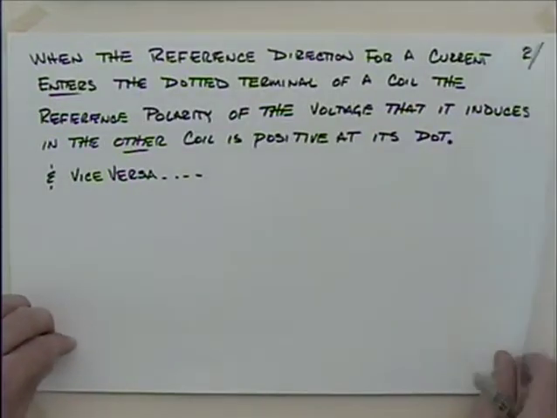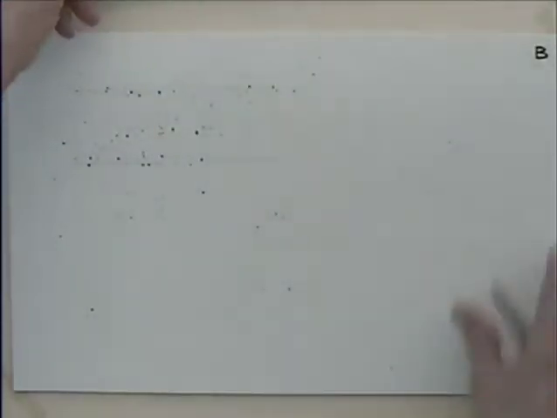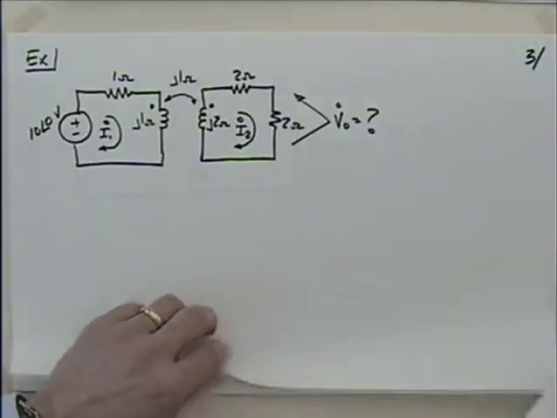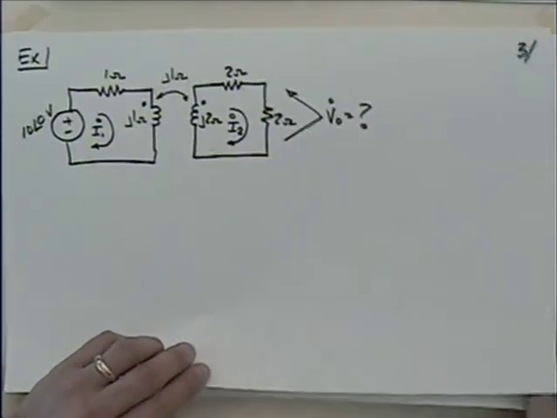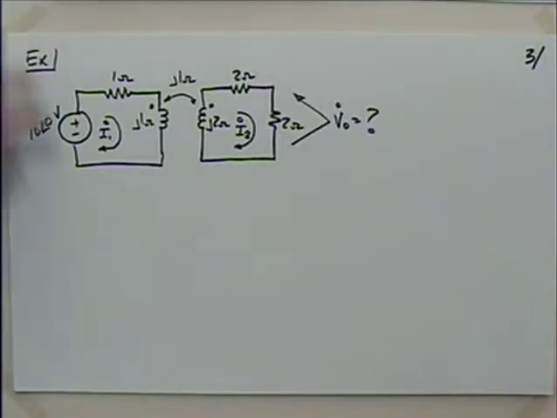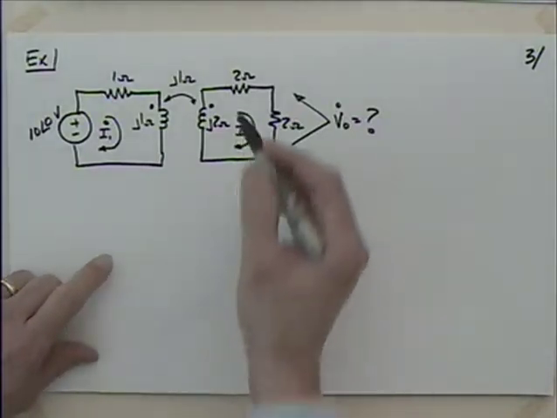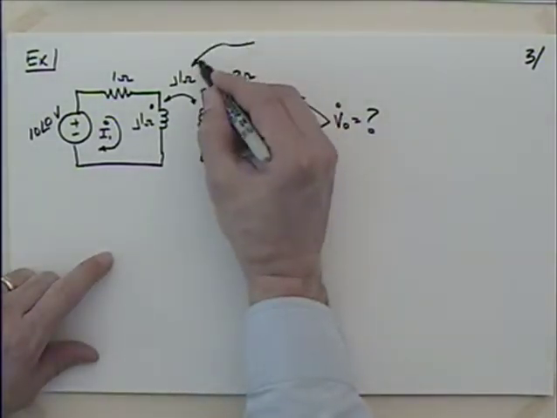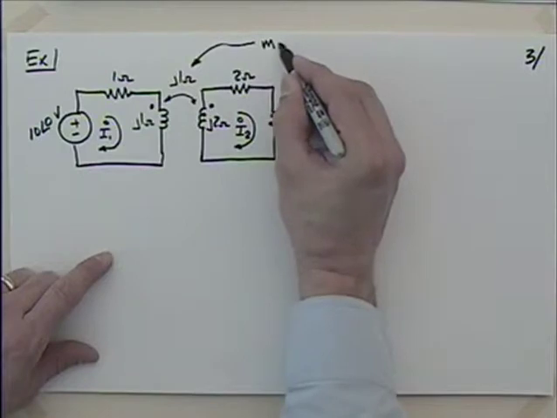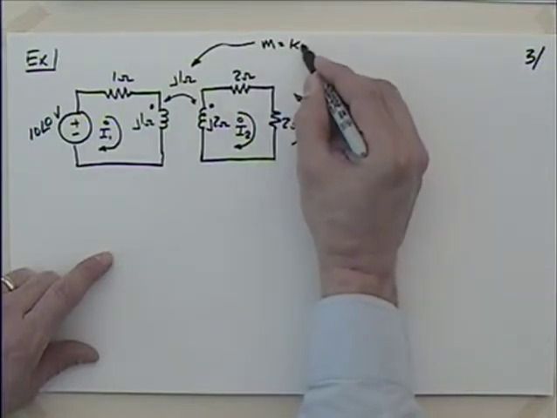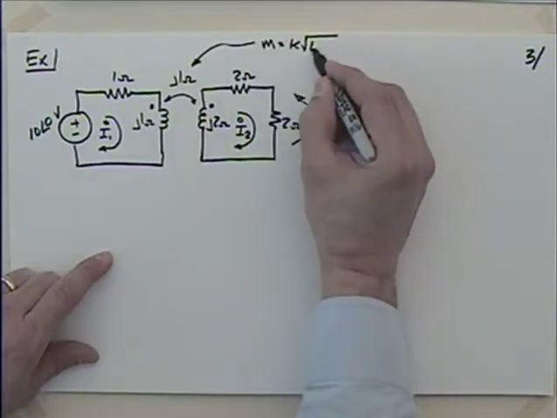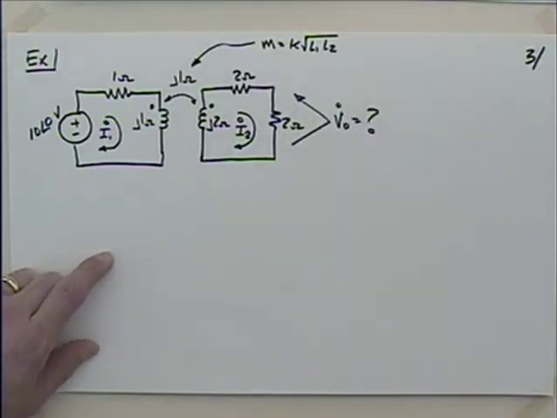Well, let's see if we can put this in play in terms of an example. So I've got an example here. I've got the mutual inductance in phasor form. Nothing really new except for this piece here. Remember that the mutual term M is equal to the coefficient of coupling K times the square root of L1 times L2.